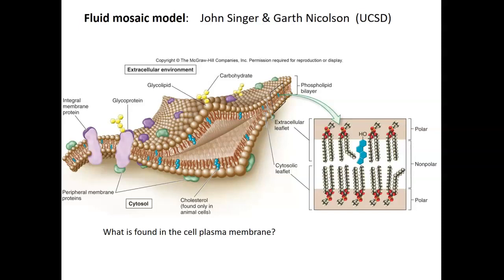Oftentimes they're going to be involved in maintaining an appropriate immunological response. So these are oftentimes involved in signaling. So again, what makes up our membranes are proteins, cholesterol, the phospholipids, glycoproteins, and glycolipids.